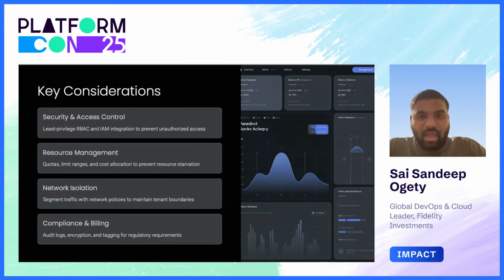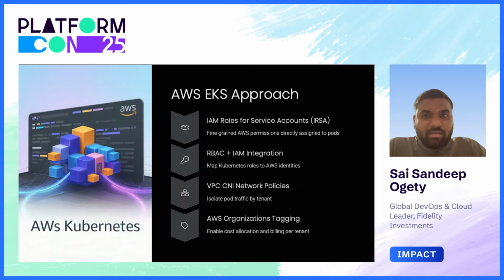As we all know, there are different providers like EKS, AKS, or Azure. I just want to deep dive into each approach. If we take the EKS approach in AWS, IAM roles for service accounts, which we call IRSA, is your secret weapon.